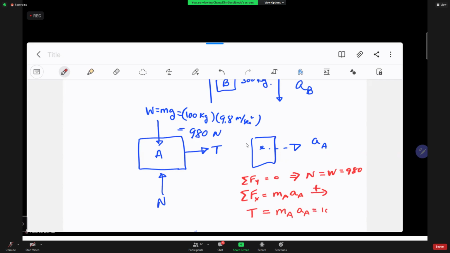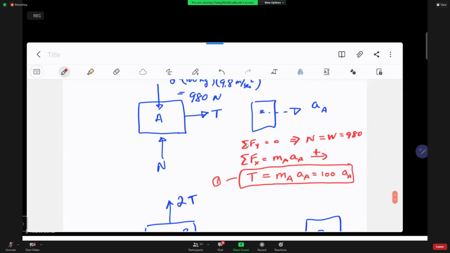Okay, so this is going to be T equals 10 times acceleration of A. So this is your first equation.